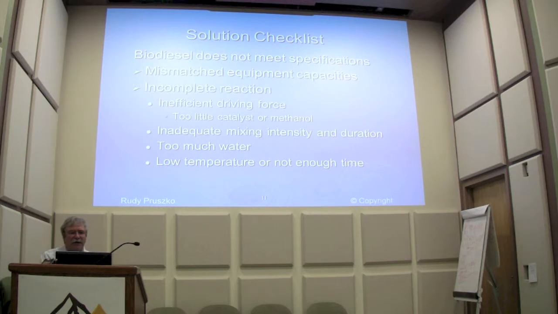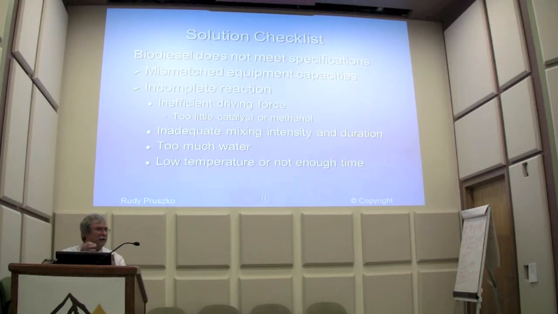And if you have incomplete reactions, there could be insufficient driving force. That means too little catalyst or too little methanol. And if you have too little, what happened to it? Because if you added the right amount and the excess methanol, where'd it go? Sometimes with a two-stage reactor, where you make a batch, run it to the centrifuge, take out the glycerin, then put in another batch, the centrifuges have vents on them.